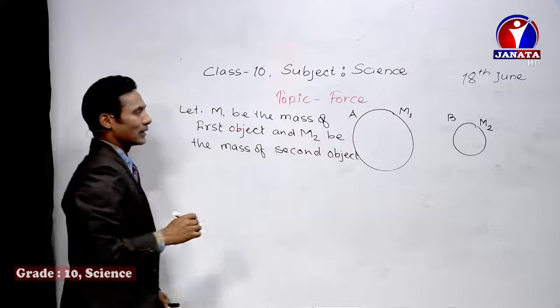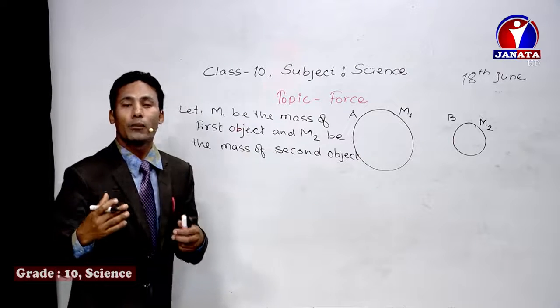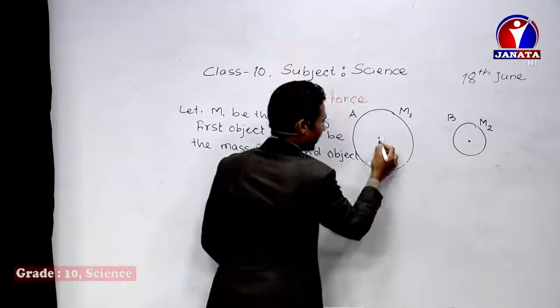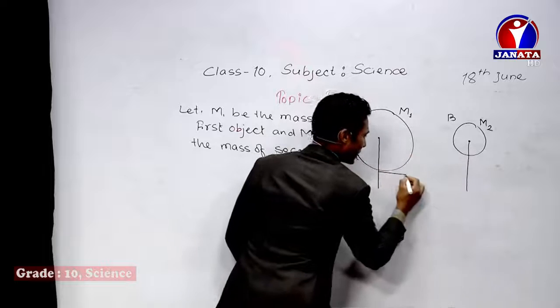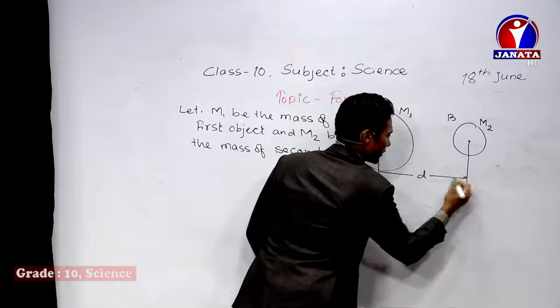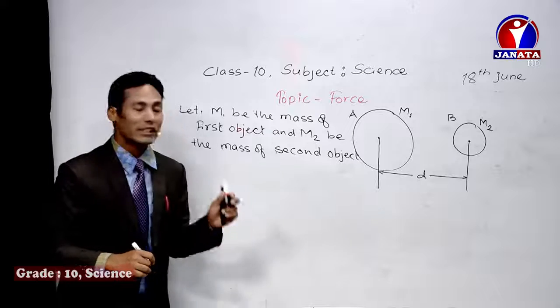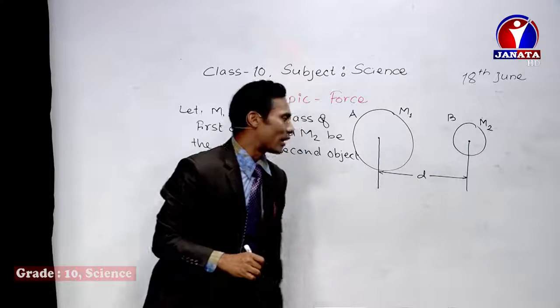And I have said this distance we will measure from the center of the object. That means if this is the center, then from here to here the distance is d. So this one is the distance. Remember that we always have to measure the distance from the center.